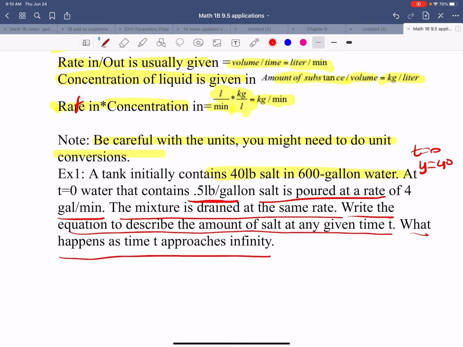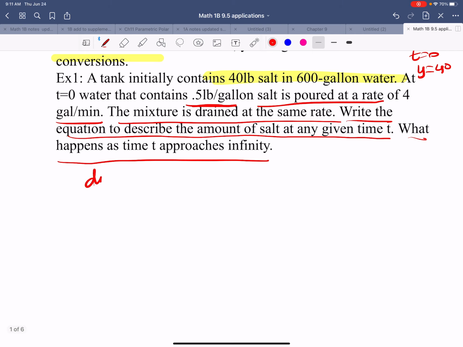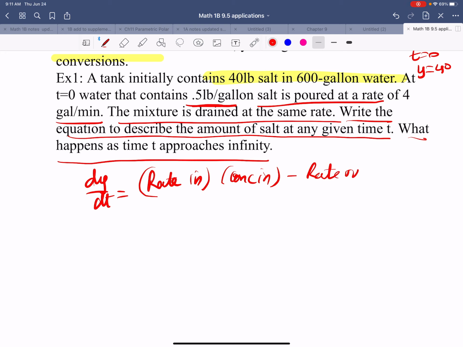What happens when time goes to infinity? What's going to be the concentration when time goes to infinity? How much salt will be in the tank when time goes to infinity? So let's start. dy/dt is the rate of change, which is going to be rate in times concentration in minus rate out times concentration out.